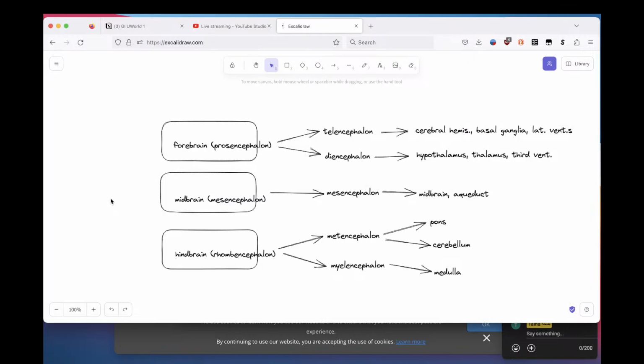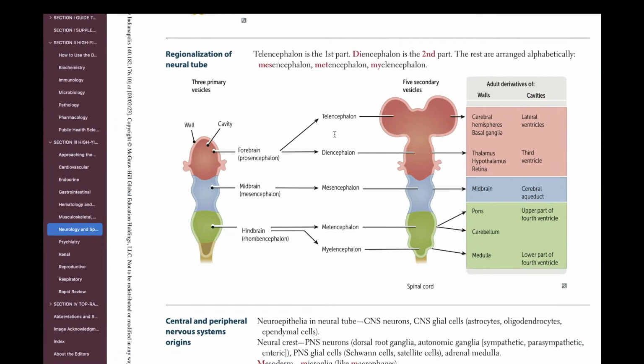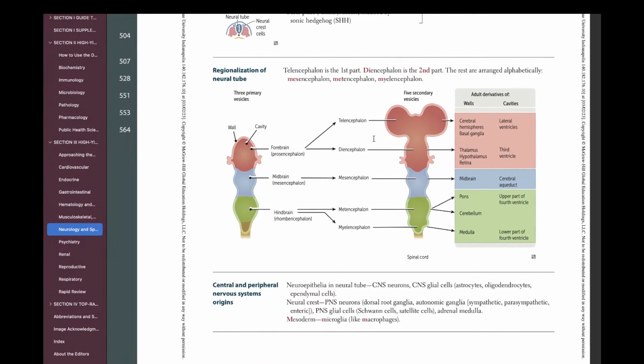So let's see what else we can do. Okay. Let's see what else is in store for us. Okay, this is a good one. Regionalization of the neural tube.